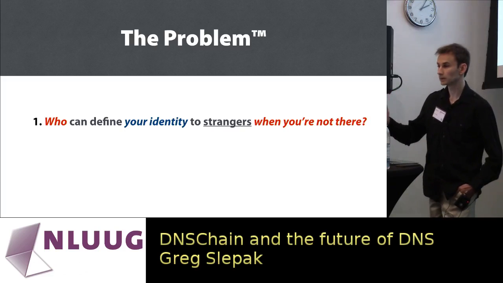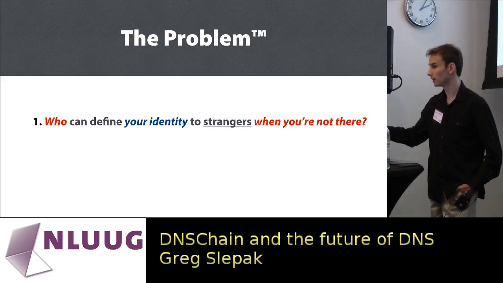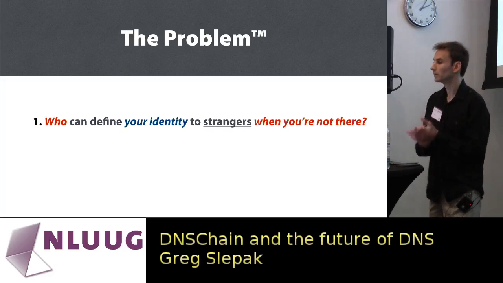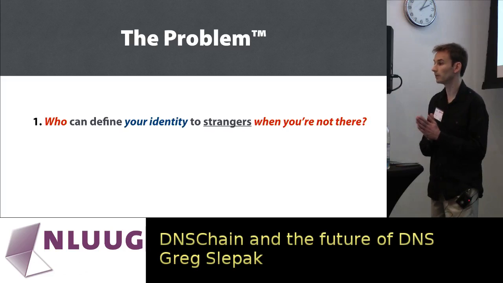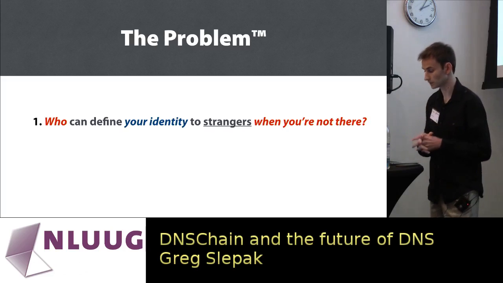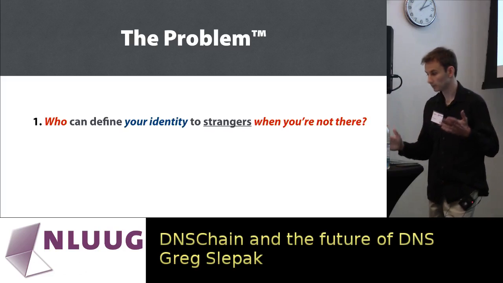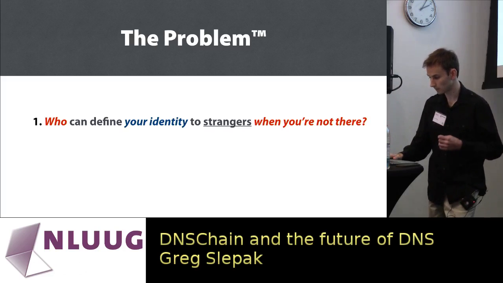You're not there to tell random strangers who don't know you and who you don't know what your public key is, for example, what the correct information for communicating with you is. So this is a very fundamental problem that we're still struggling with.